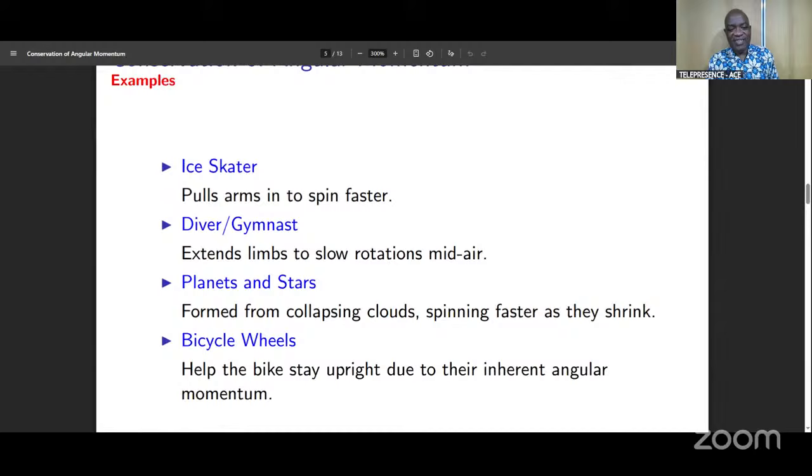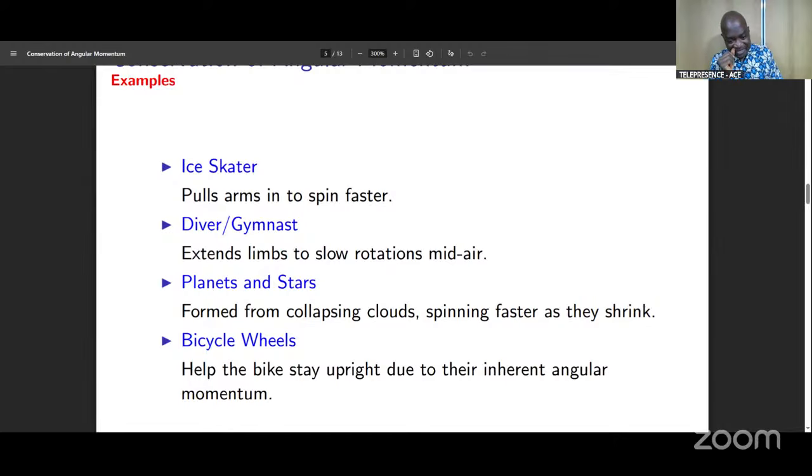So similarly, a diver or a gymnast extends limbs so as to slow the rotations mid-air. So again, I and omega in this case will interact to compensate. So when omega reduces, okay, due to the slow rotations, then I will increase, okay, and vice versa.